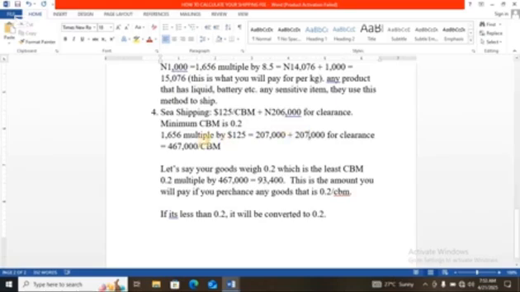You are going to get 413,000. So this is the amount you are going to pay for 1 CBM.